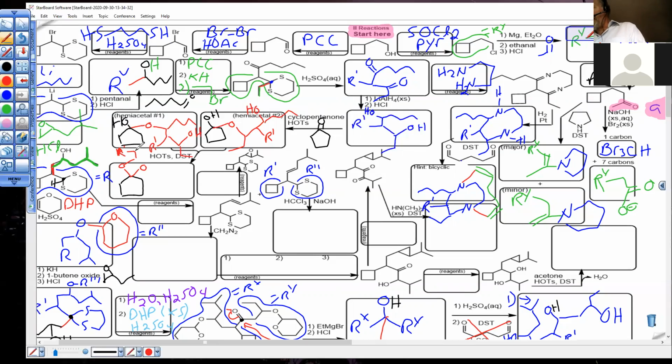And then the C with the R prime had a C that went to the C with the OH. It has an ethyl on it. And the butyl group, this O, attached to a C with a butyl. There's a butyl in here too.